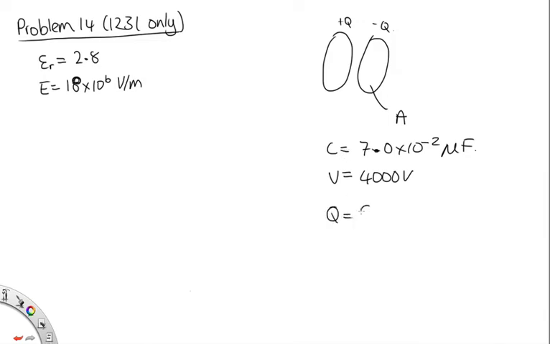Q is equal to C on V, so that's equal to 7.0 times 10 to the minus 8 over 4,000. Now this is micro, so that's times 10 to the minus 6. So solving this on the calculator, we end up with 2.80 times 10 to the minus 4 coulombs is our charge on each of the plates.